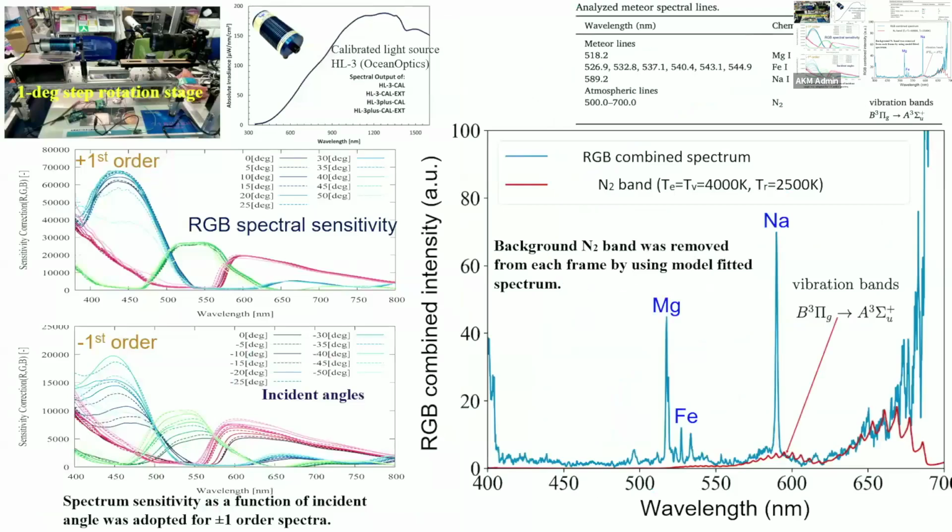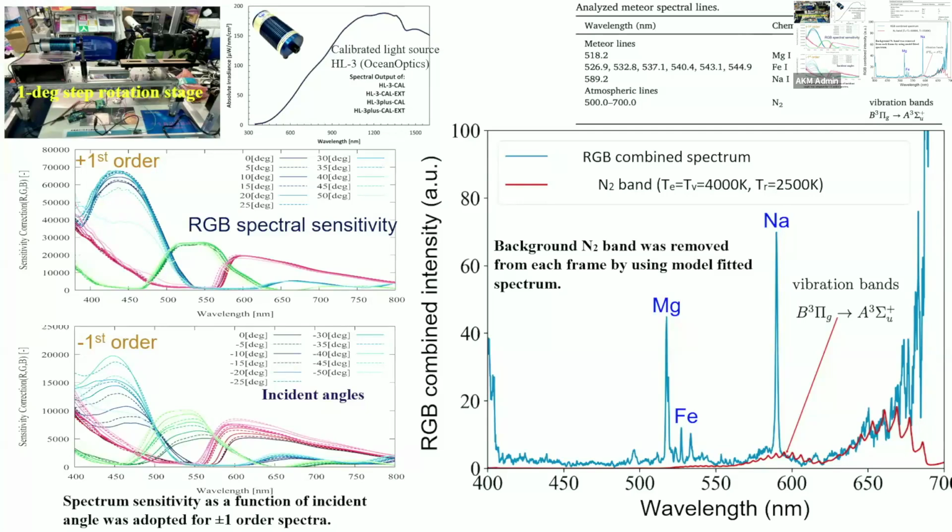Another important thing is the sensitivity curve. The sensitivity curve is a function of incident angle, and we are using a relatively large field of view camera. So in the laboratory, actually this is my room, we use a 1 degree step rotational stage to get the RGB spectral sensitivity for each camera and each lens using a calibrated light source.